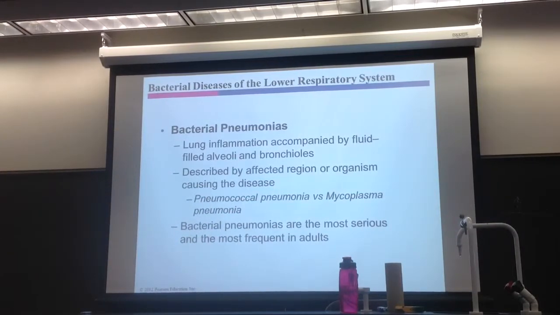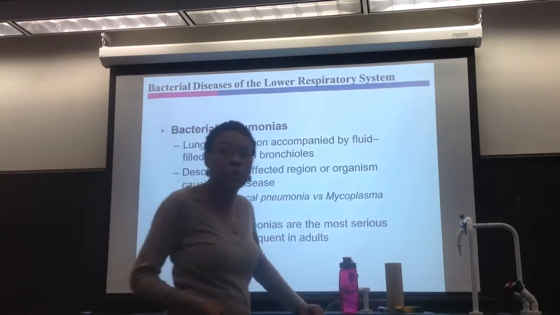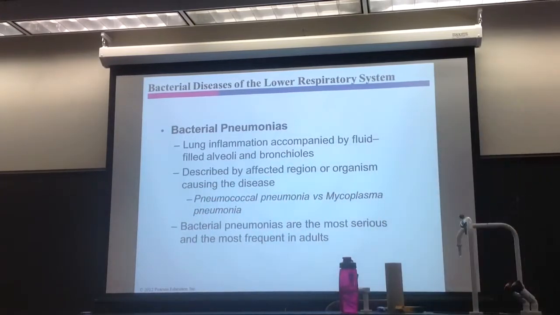From the hospital, right? So you can name these pneumonias based on the causative agent, the location of the pneumonia in your body, like where in the lung, or where you got it from, like nosocomial pneumonia, which are often deadly. Okay, I'll get into that in a minute. Now bacterial pneumonias are the most serious ones, and they are the most frequently seen in adults.